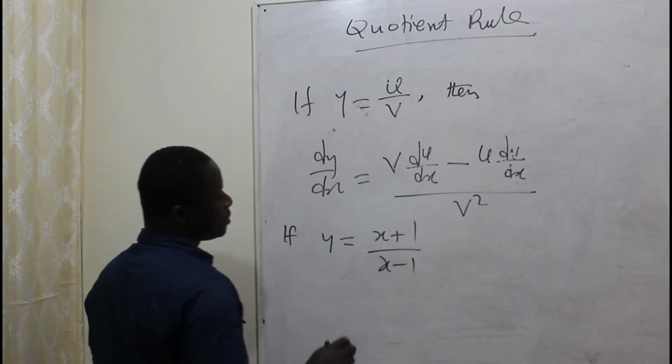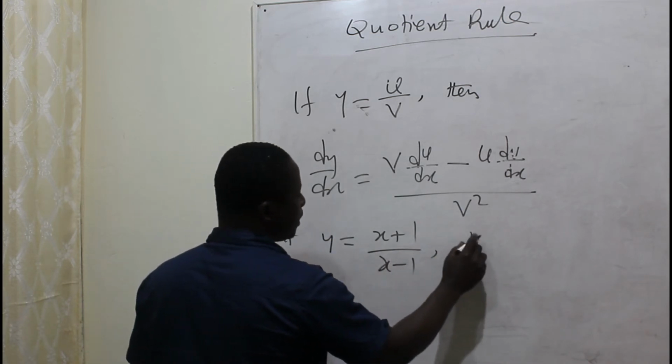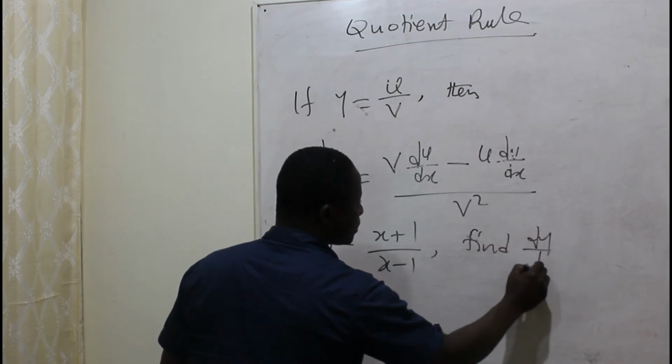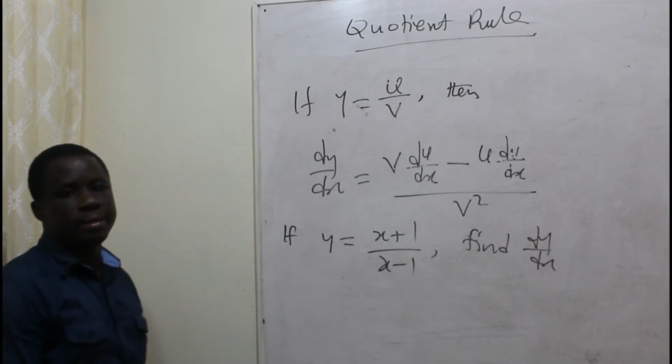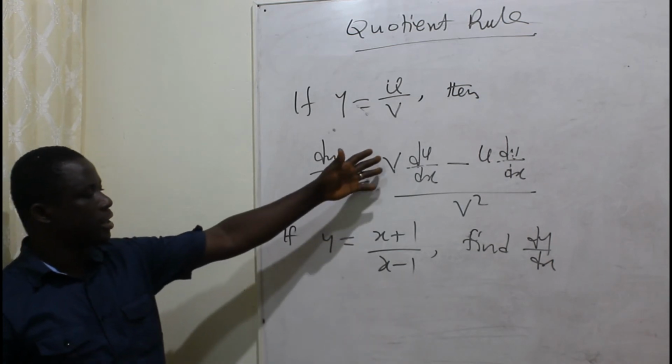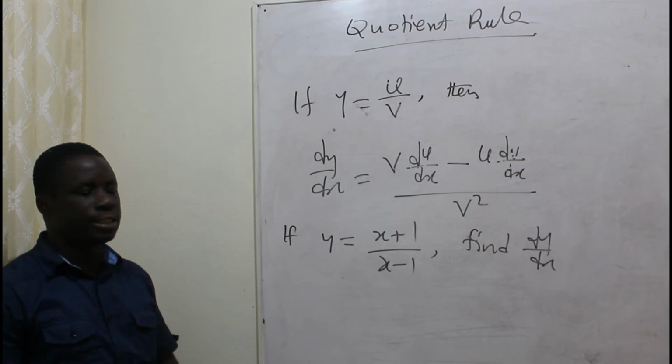x minus 1, and you have to find dy/dx. What it means is that you are going to apply the quotient rule to differentiate such a function.